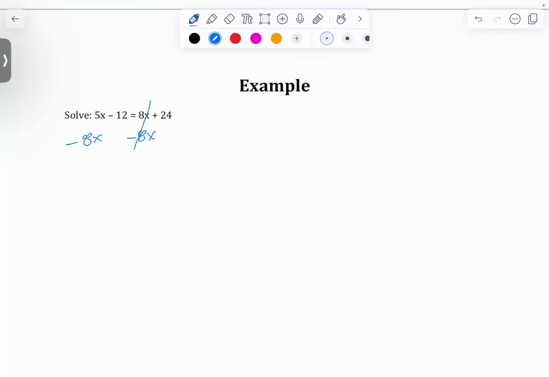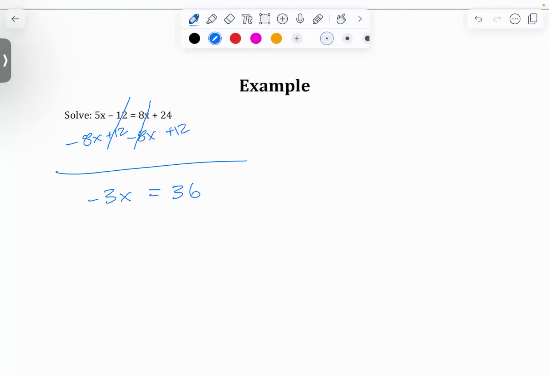Now, that cancels this guy, right? Simultaneously, let's get the numbers to the other side so I can do these steps at the same time. And that cancels there. So notice, I have all the numbers on the right side, all the variables on the left side. 5x minus 8x gets me negative 3x equals 24 plus 12 gets me 36.